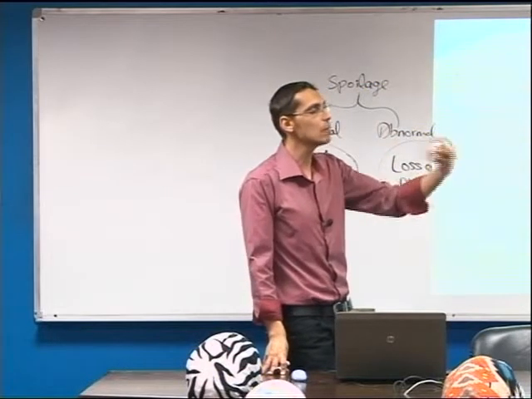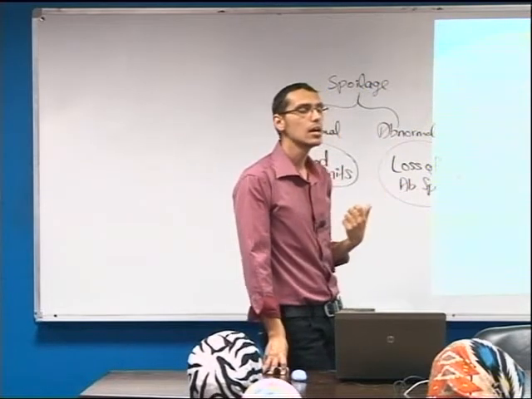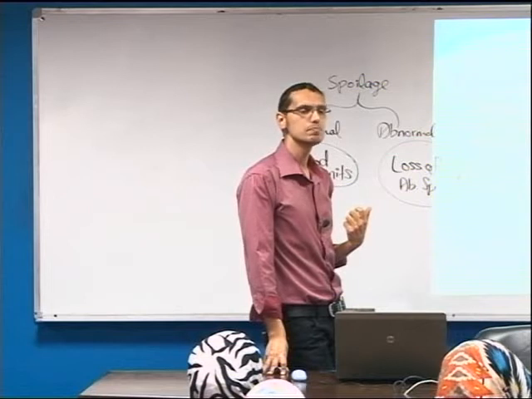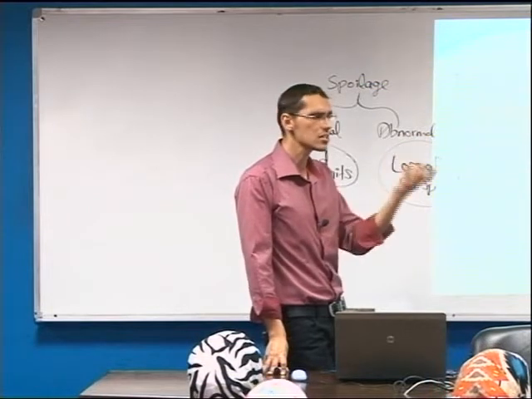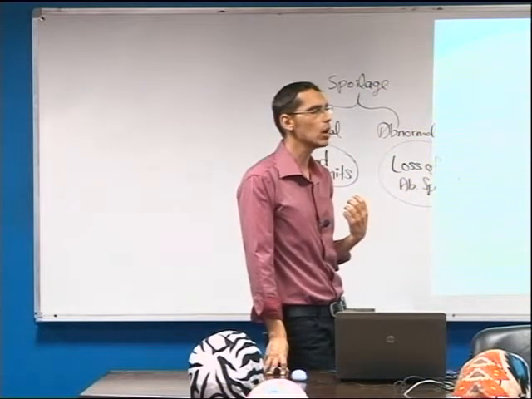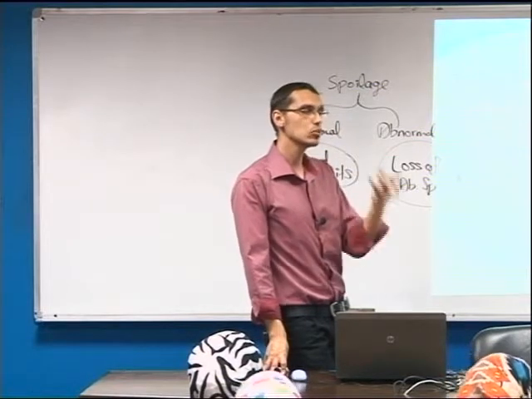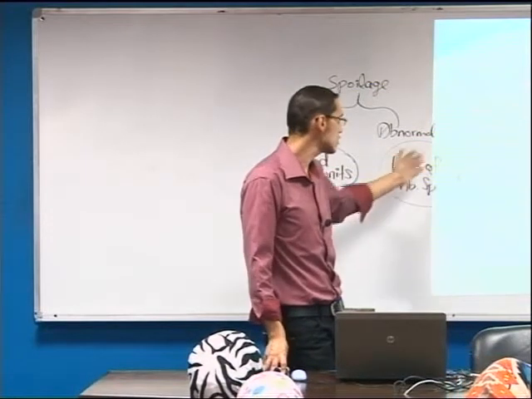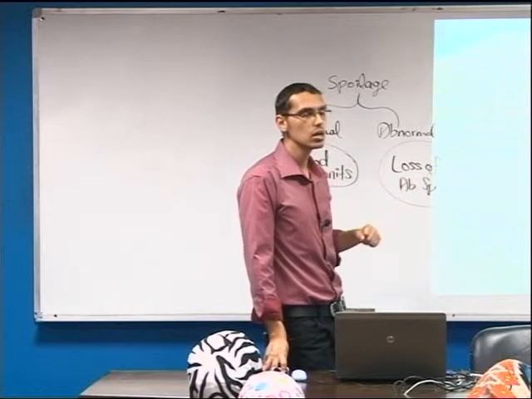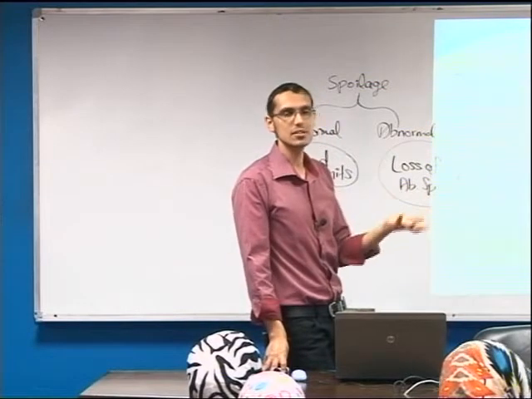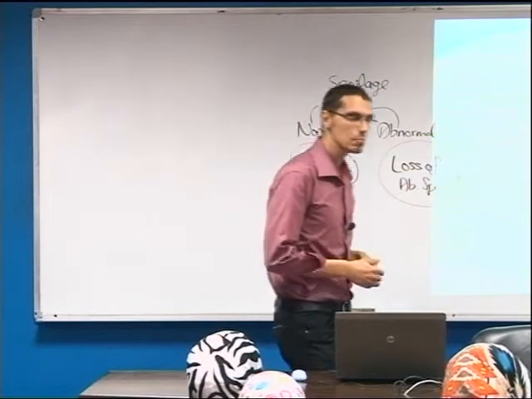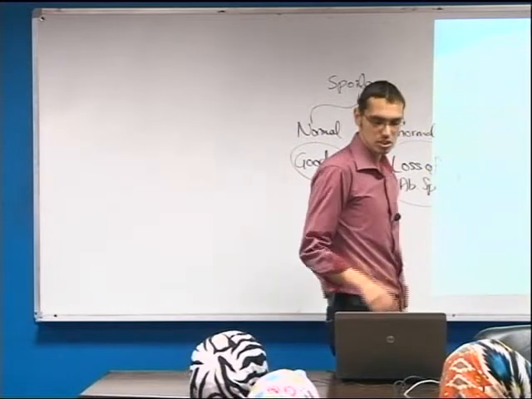Therefore, having any abnormal spoilage will be, let us say, a loss from the point of view of the organization, and would be accounted for as loss from abnormal spoilage, and will be presented in the income statement as a separate line item. Any questions?